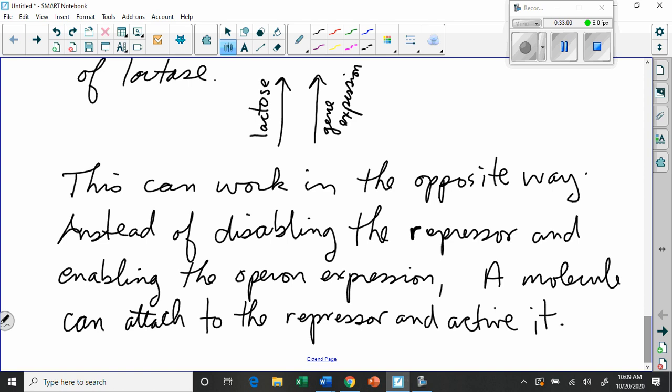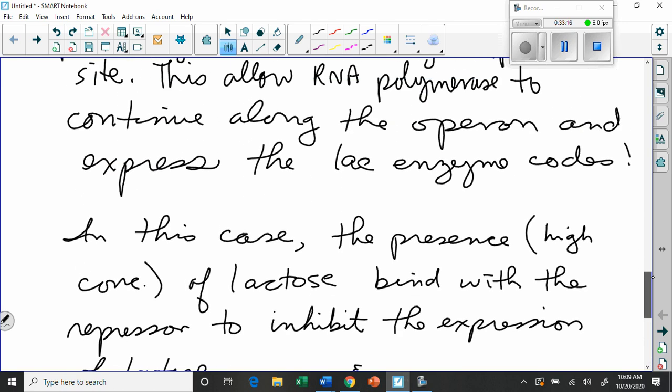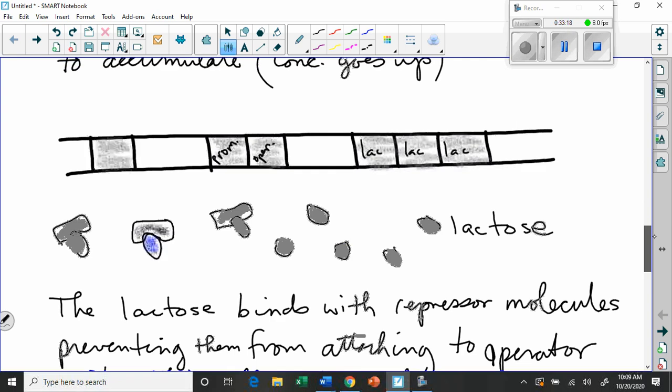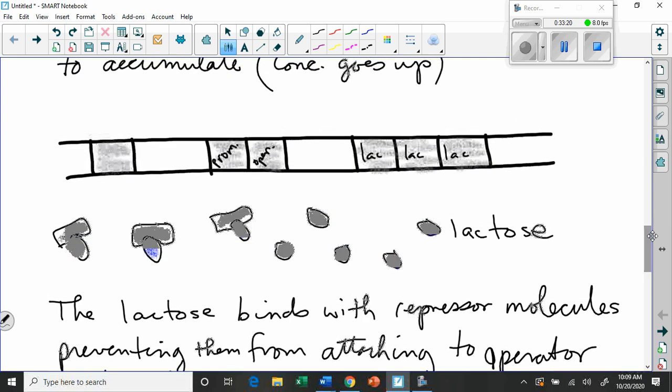So that would mean that when the concentration of something goes up, it would mean the opposite. So let's think about this for a second. This time, the molecule of lactose is attaching to the suppressor and deactivating it, so the gene is expressed, right?